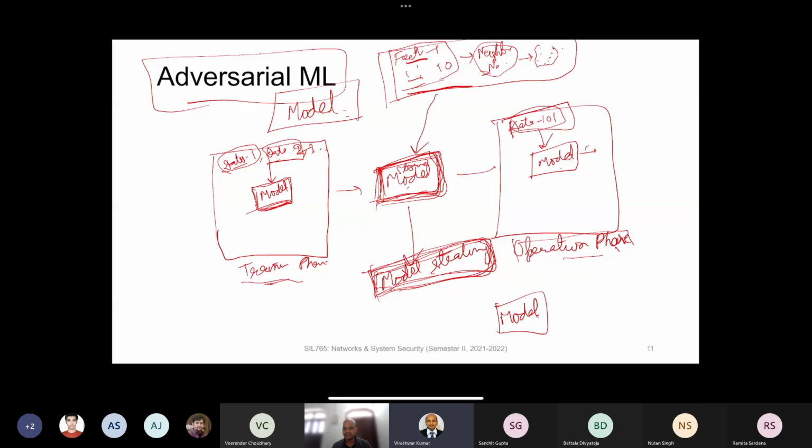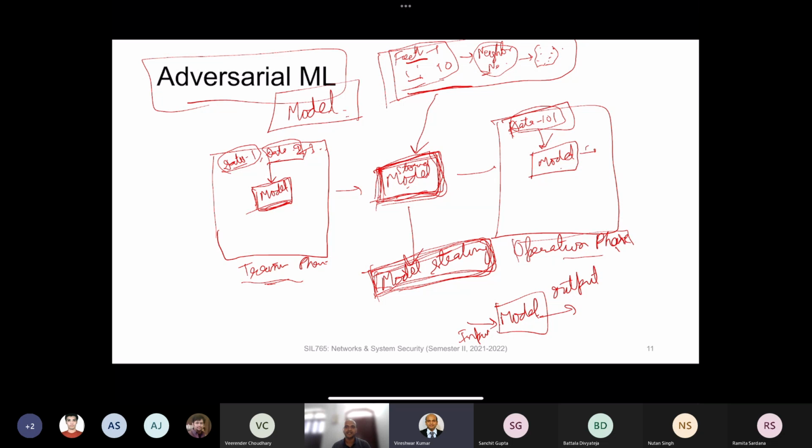That is called black box access to the model: if you give it an input, it will give you back an output. So you can always give an input and see the output.